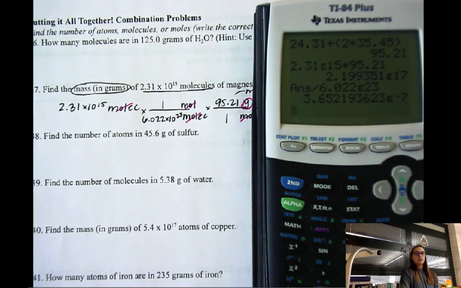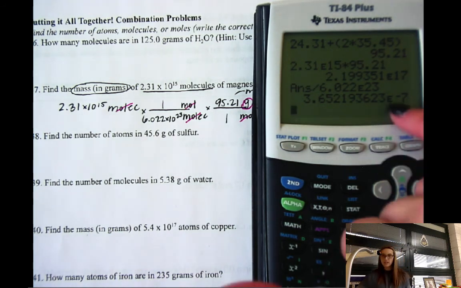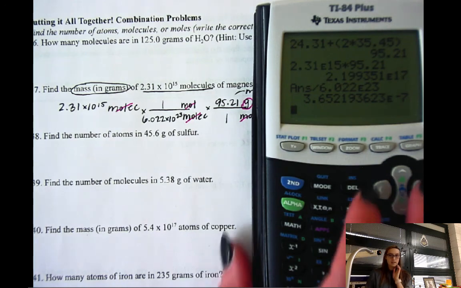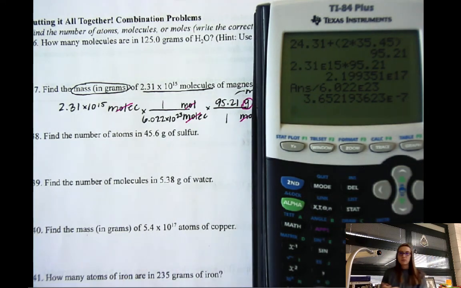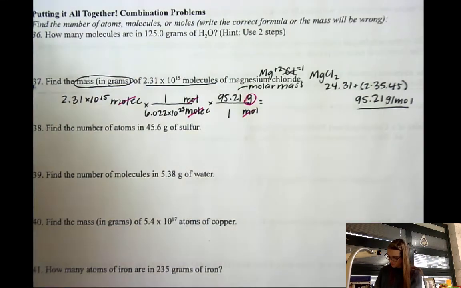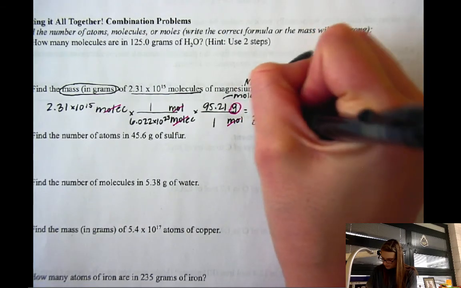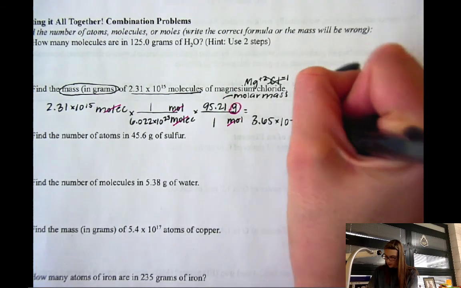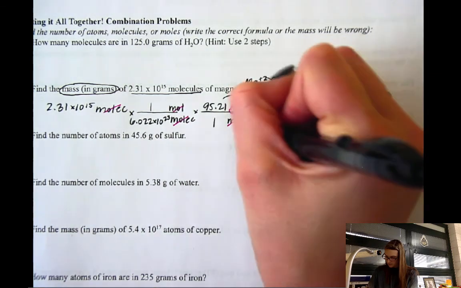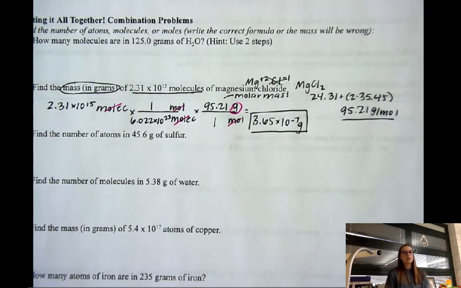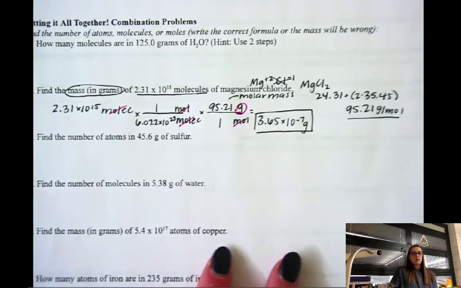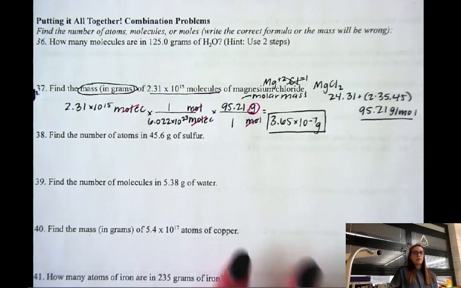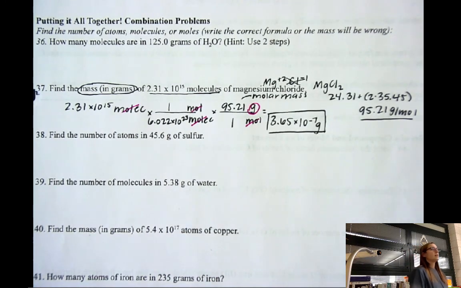There's our answer. 3.65 times 10 to the negative 7th. Notice that E negative 7 off to the side. Okay, so 3.65 times 10 to the negative 7th, and then our unit is grams. All right, so there's example 37, number 37.